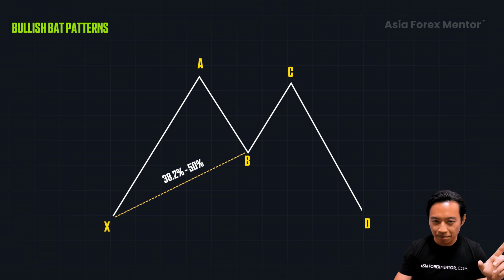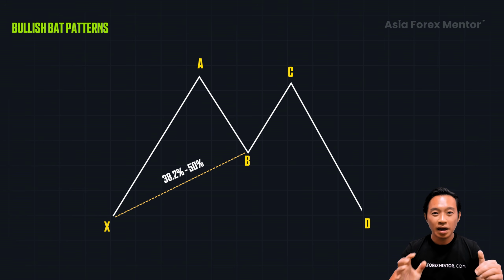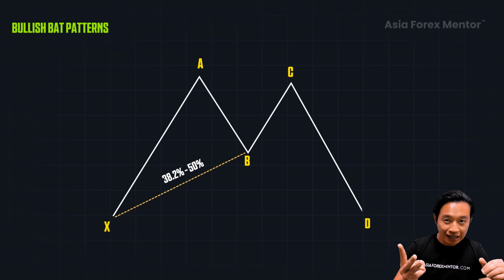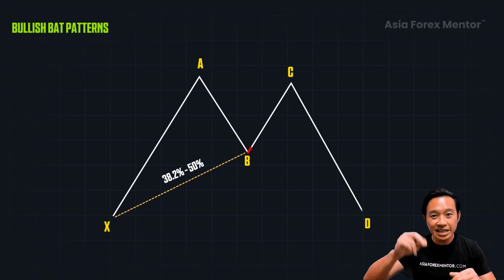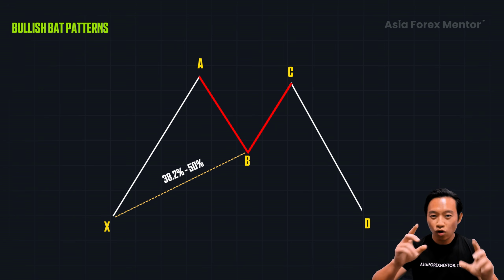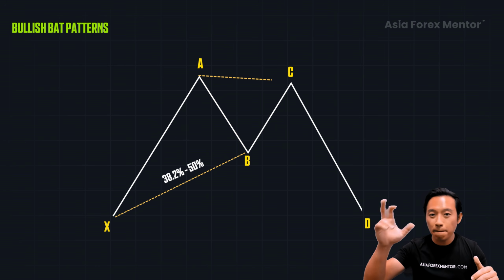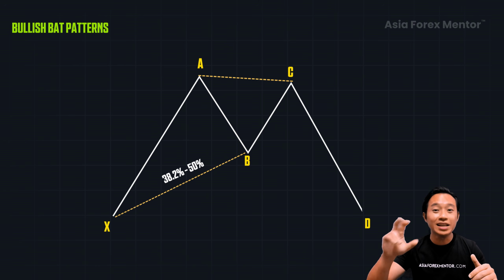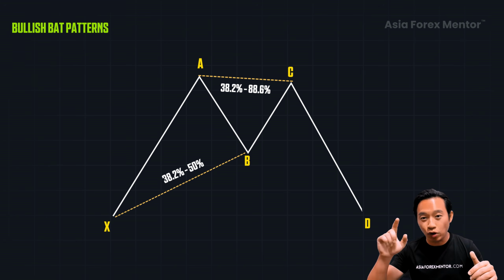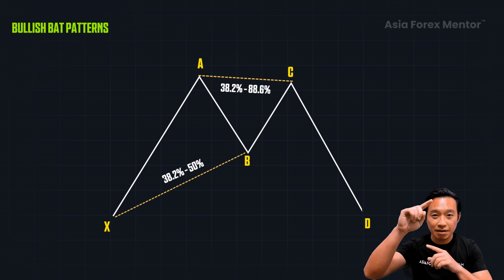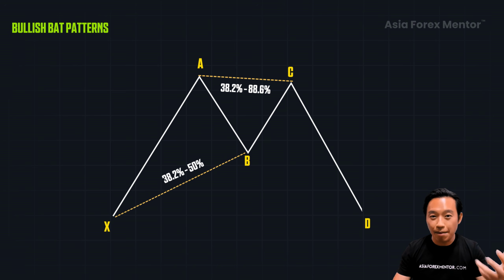Now, the next step is to check the ratio between the third and the second leg, which is BC and AB. For a valid bullish bat pattern, the BC must retrace between 38.2% and 88.6% of the AB leg. If these conditions are met, the pattern remains valid.